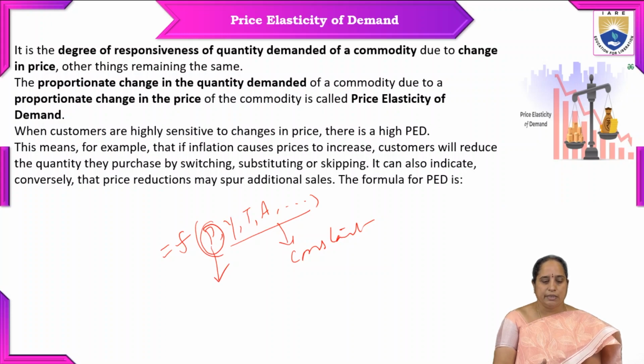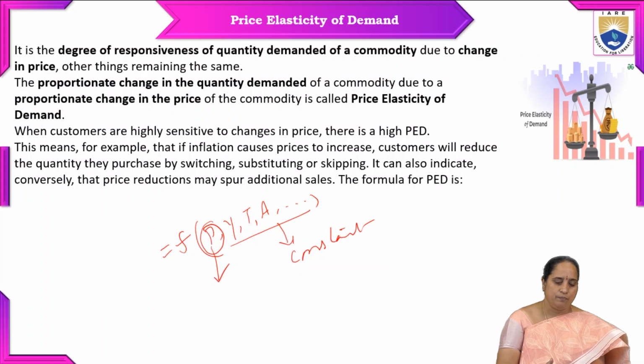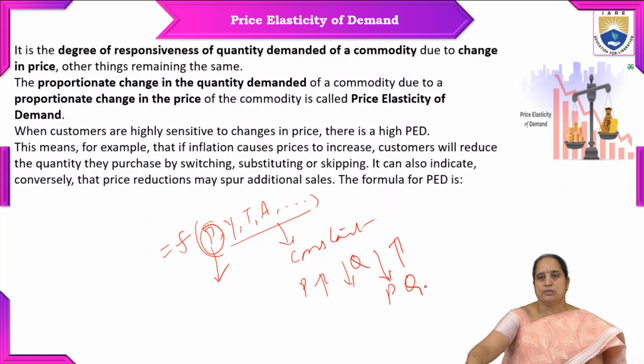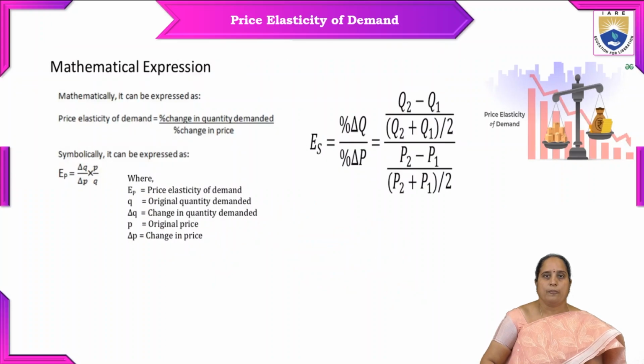Conversely, price reductions may spur additional sales. So if there is an increase in price, the quantity will decrease, and if there is a decrease in price, the quantity increases. It happens because of the changes in price.